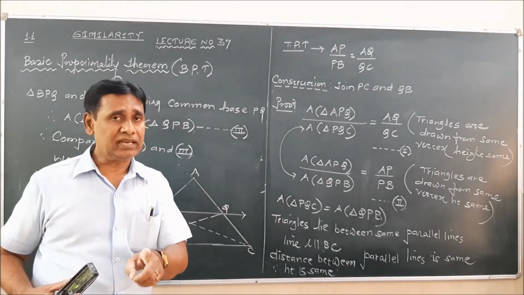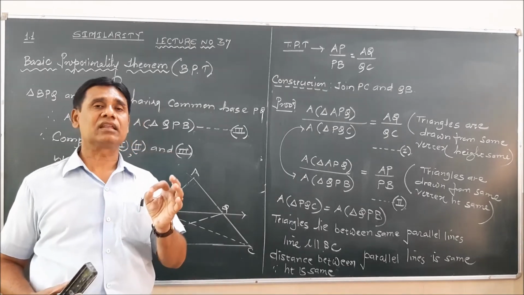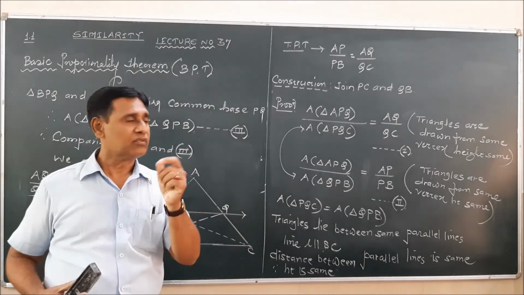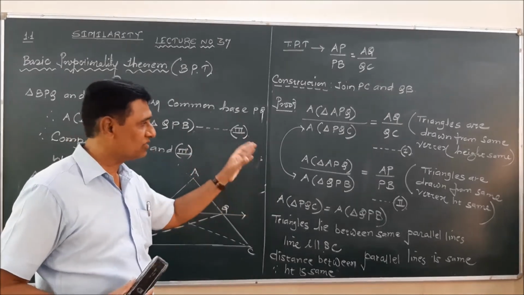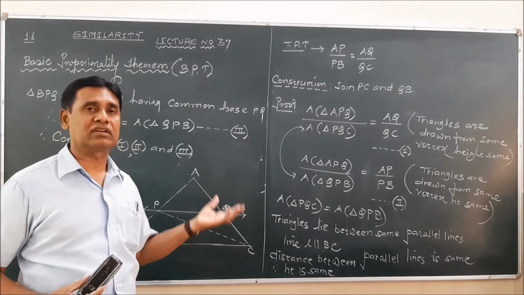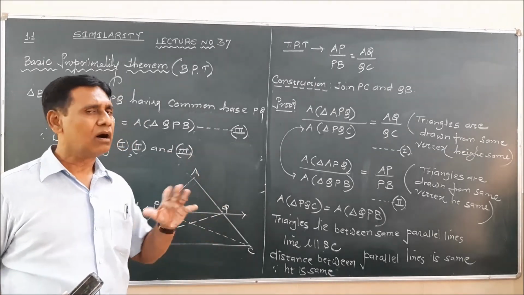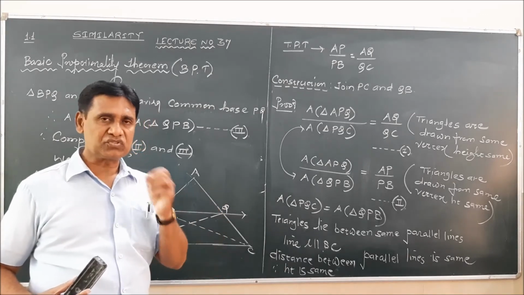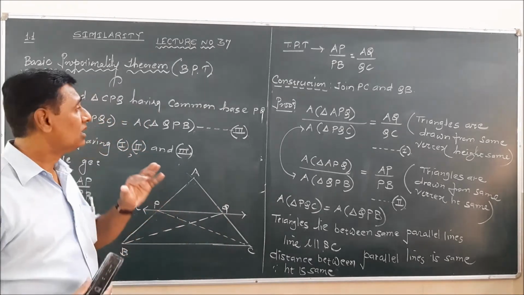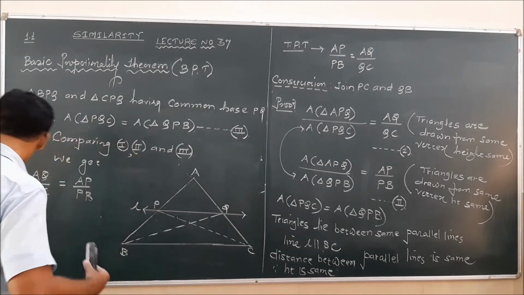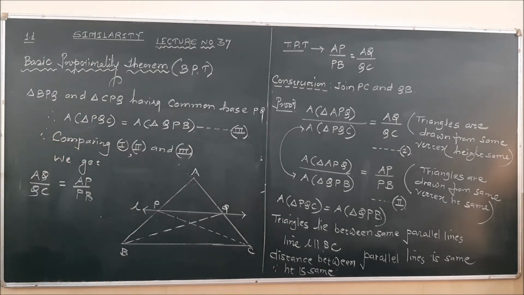But in examination, as far as theorems are concerned, they are going to see very minute things, where you have written all the reasons properly or not, have you drawn the figure properly or not, have you written the construction given to prove that, all these things minutely they are going to check. So it is very important that you must copy the same theorem from your textbook.